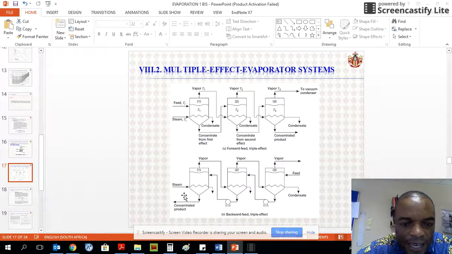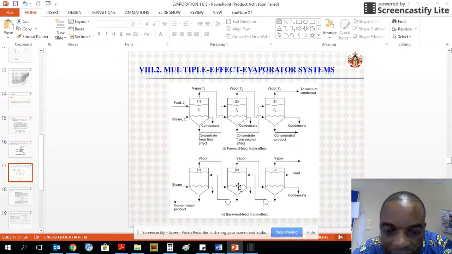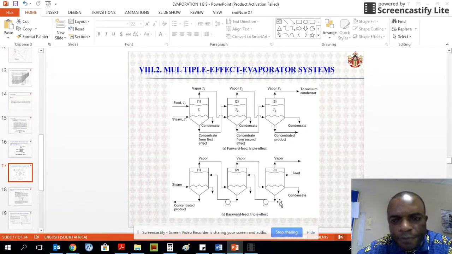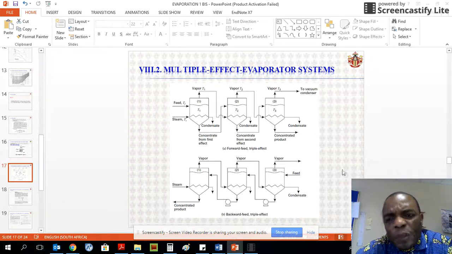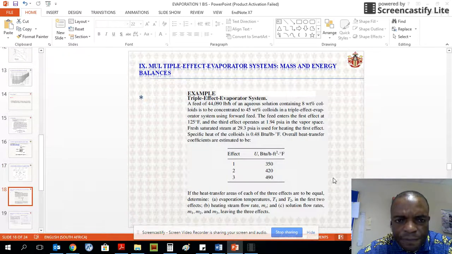So the feed and the steam proceed according to opposite direction. And here again, the vapor of a certain effect is used to provide heat to the following, meaning the next effect. In terms of calculations, no basic difference.